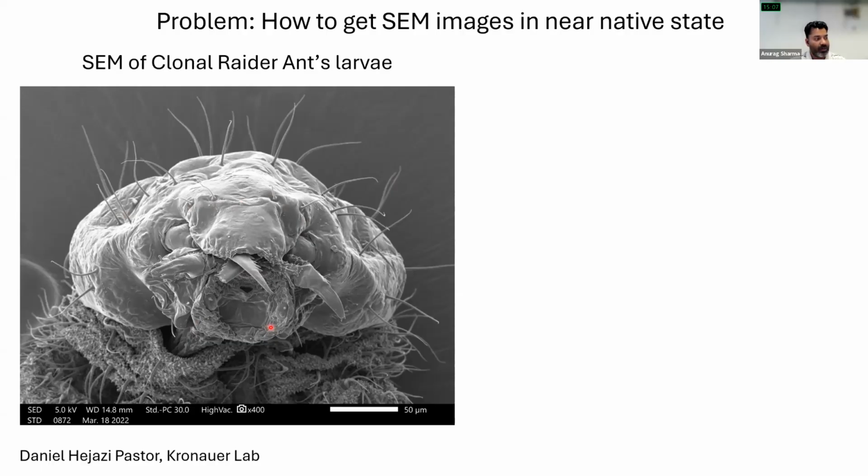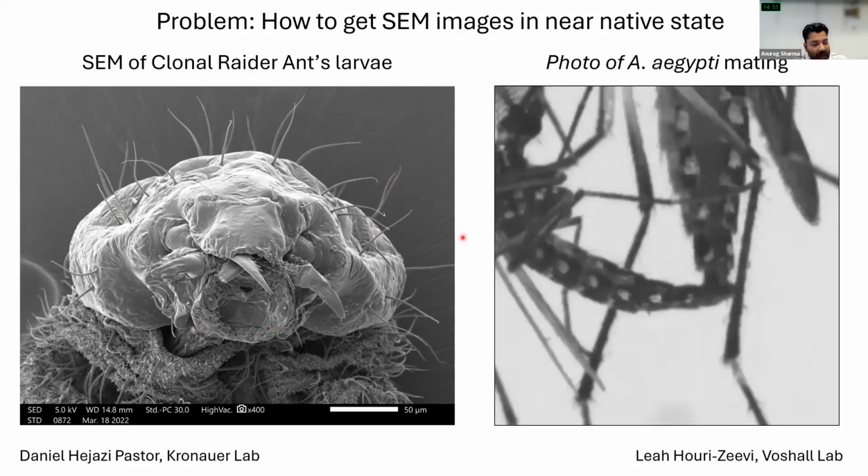So we had to think about what to improve to get the image in a near native state. Besides that, Leah from Bosch Lab was also interested in seeing how the male and female genitalia interact during the mating process. Getting SEM images of Aegypti during mating is a two-step process.